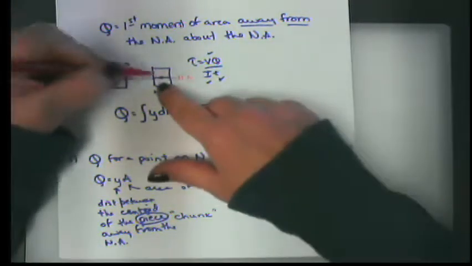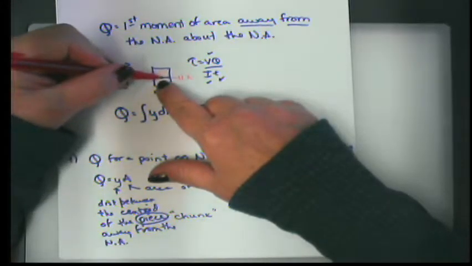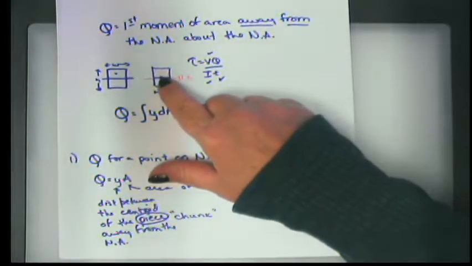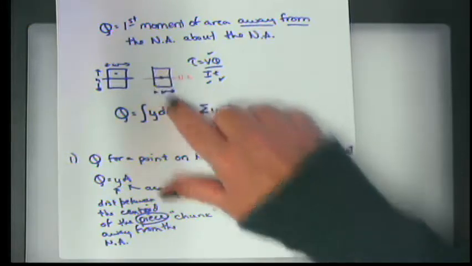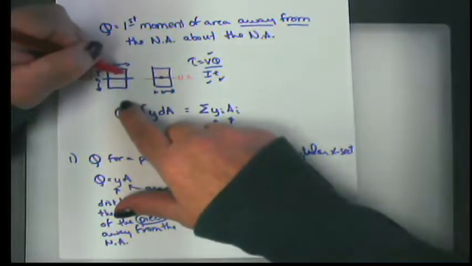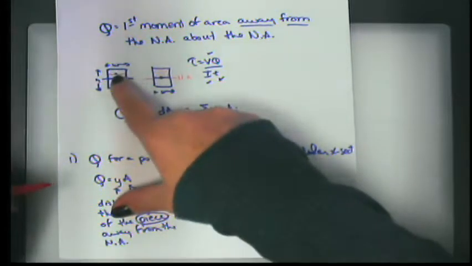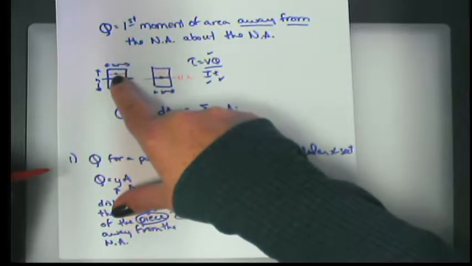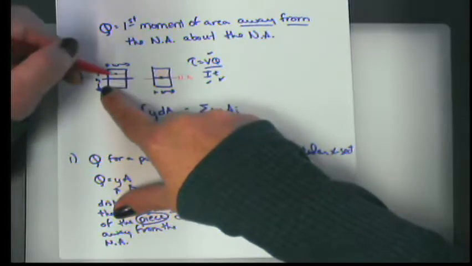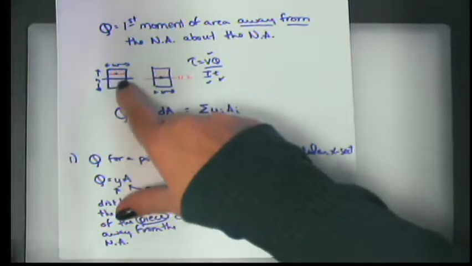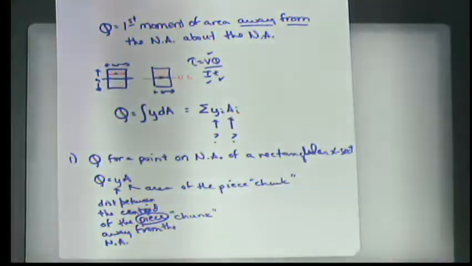In other words, I draw the neutral axis, I draw my point, and then I shade everything away from the neutral axis of that point. Similarly here, if I wanted the shearing stress here, I would draw a line through that point, and then the chunk is everything away from the neutral axis, above that point.